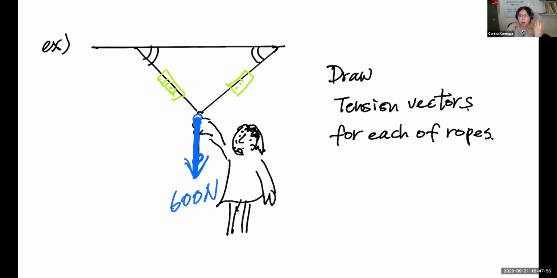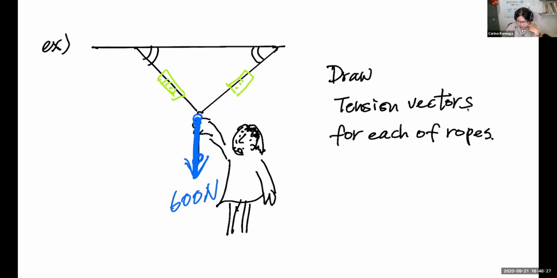So we know the direction of tension vectors, along the rope, but we want to approximate the magnitude. How do we do that? What else do we know? What's the motion of this Nellie Nelson? Is she moving? She's at rest, right?